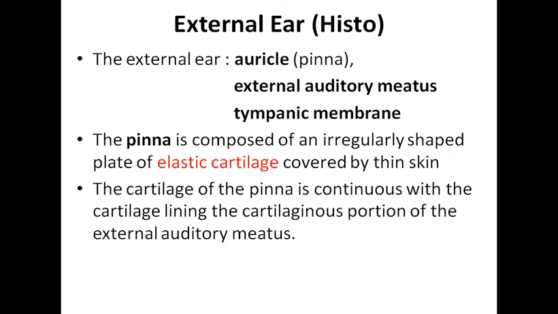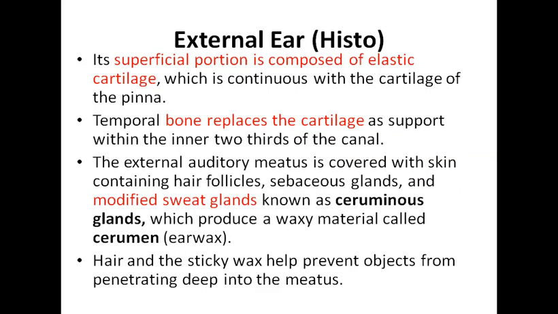वही जो हमने अभी बात की, external auditory meatus, outer 1/3 is cartilaginous, inner 2/3 are bony. तो यही cartilage अंदर continue होगा, means elastic cartilage, right? So superficial portion is composed of elastic cartilage which is continuous with the cartilage of pinna. ये अब external auditory canal की बात हो रही है, right? तो canal का जो cartilage है वो continuous है pinna के साथ.